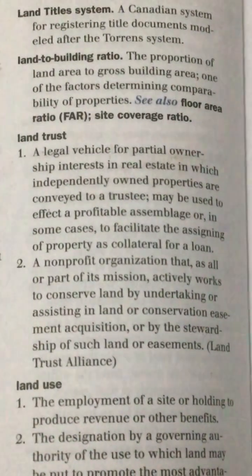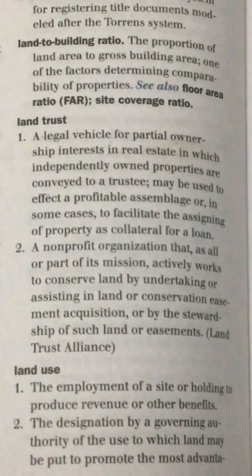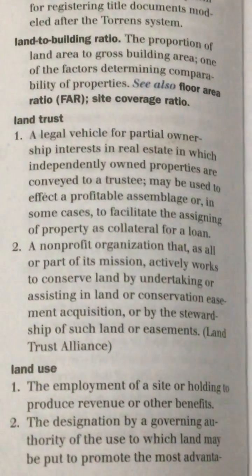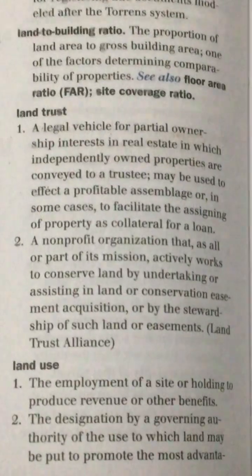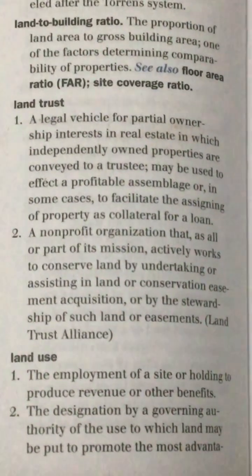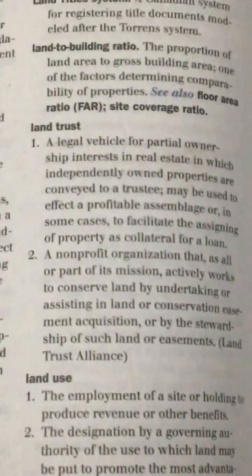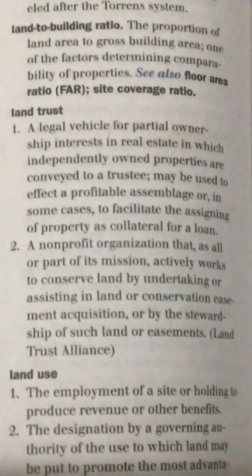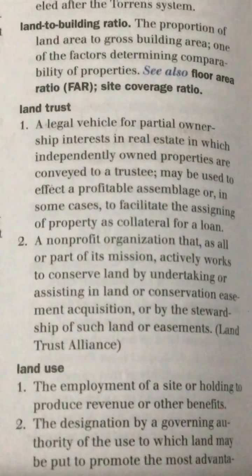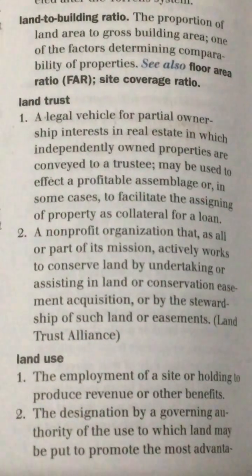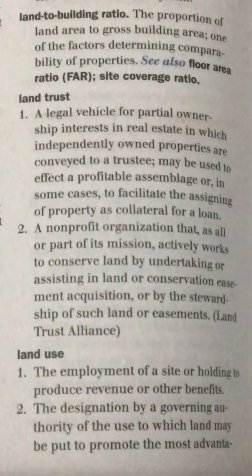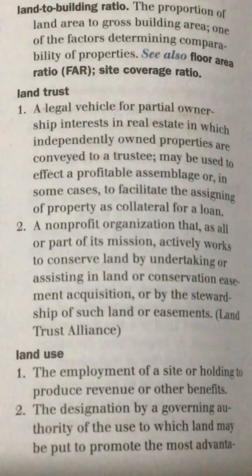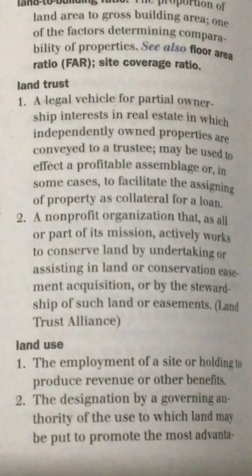Land trust. Number 1, a legal vehicle for partial ownership interests in real estate, in which independently owned properties are conveyed to a trustee, may be used to effect a profitable assemblage, or in some cases, to facilitate the assigning of property as collateral for a loan.